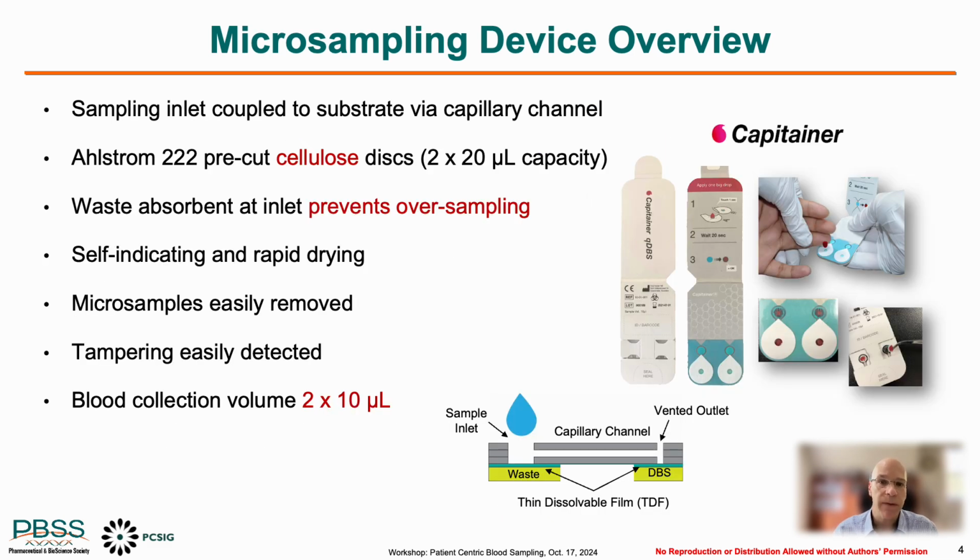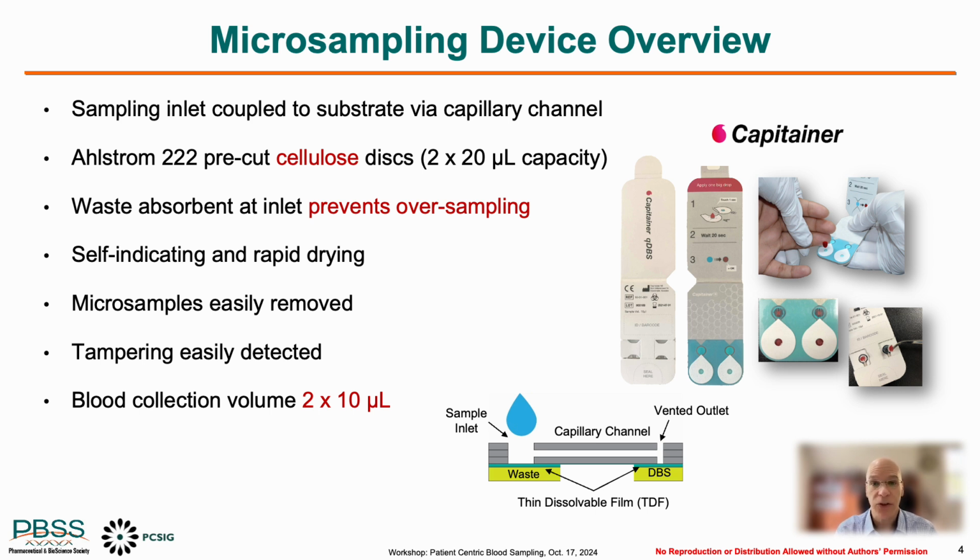The next device supporting fingerstick collection that has garnered a lot of deserved attention is the Capitainer B, in part because it uses traditional cellulose media for which a plethora of published methodologies exist, given its early predominance as the material of choice for dried blood cards, and because its unique architecture incorporates an extremely accurate and precise microfluidic channel for the volumetric deposition of 10 microliters of blood onto Ahlstrom 222 pre-cut discs whose actual capacity is 20 microliters.